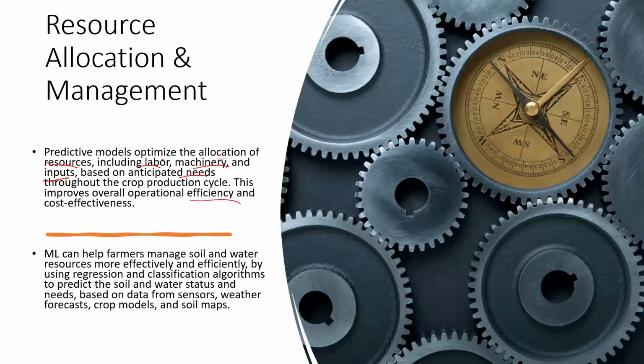Also, machine learning can help farmers to manage their soil and water resources more effectively through predictive solutions. By using regression and classification algorithms to predict soil and water status, and what the water needs are going to be in this particular farm. If the present water is not enough, do we need to channel from another source?